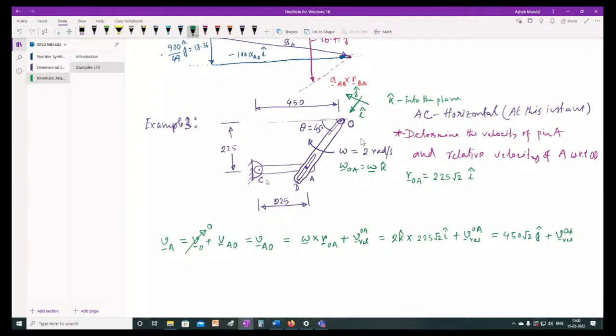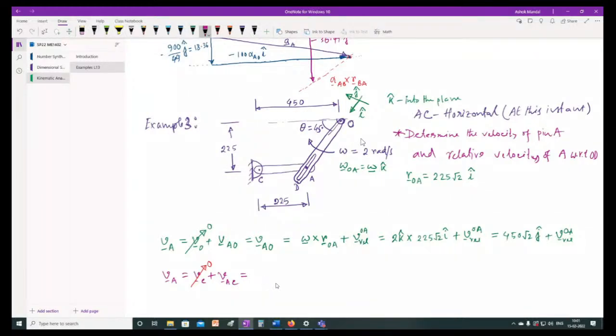Now, the another way to find out VA, what is that? If I start from point C, so velocity of point C and velocity of A with respect to C, right? Yes, sir. So the velocity of C is equal to 0. And what about the velocity of A with respect to C?